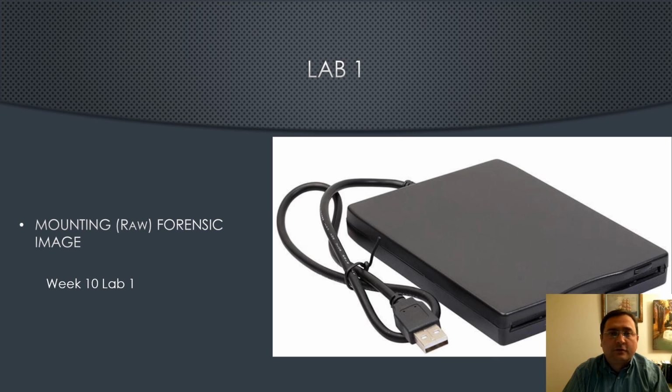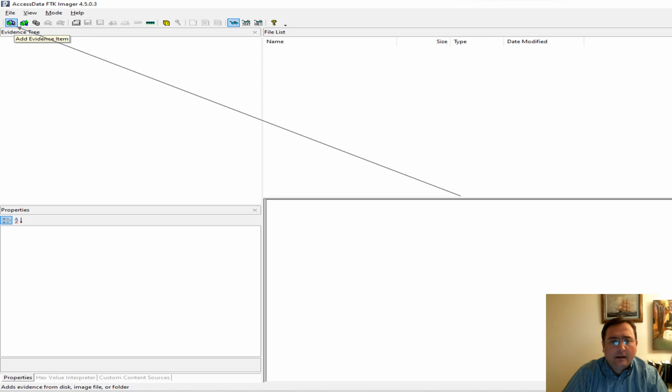You can also find the relevant information in the content folder for the week 10 lab 1 presentation. When you start AccessData FTK Imager, I shared some information about how to install and open FTK Imager in the previous sessions.